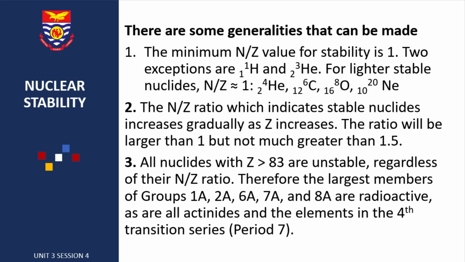So we can conclude that group 1A, 2A, 6A, 7A, and 8A elements are all radioactive, and they are the actinides and the elements in the 4th transition series, period 7. Bismuth is the heaviest stable nuclide, and it has an N to Z value of 1.52.